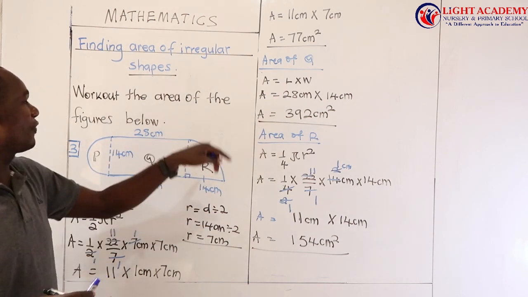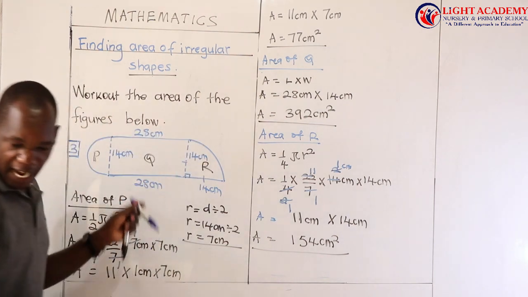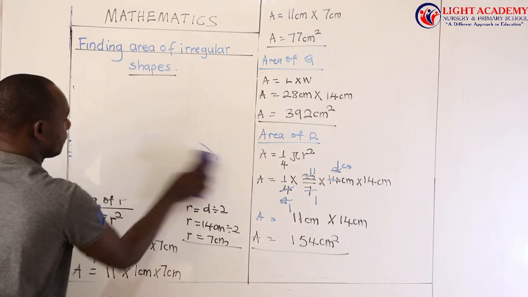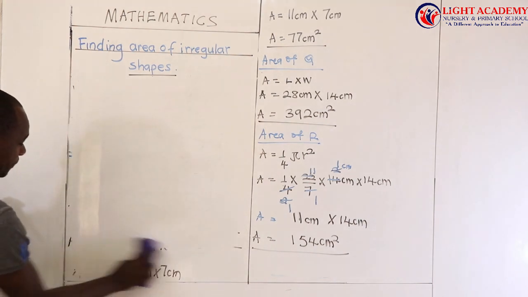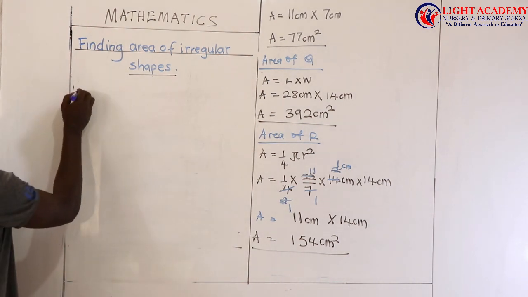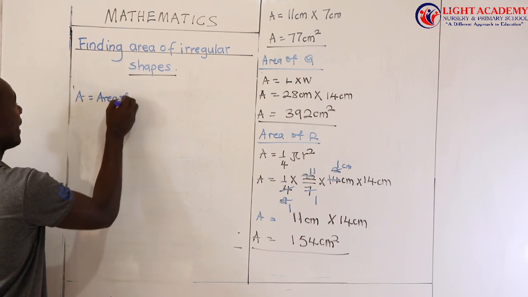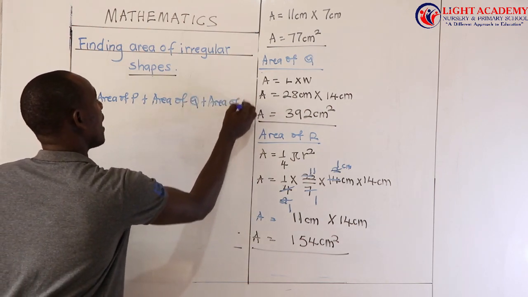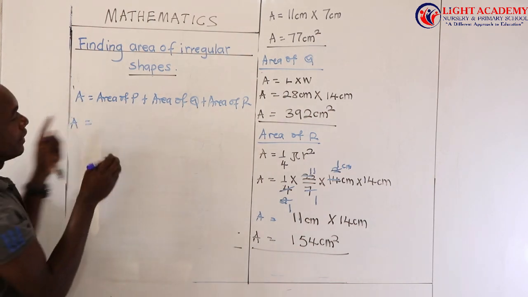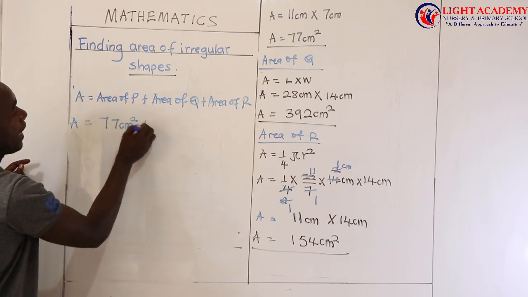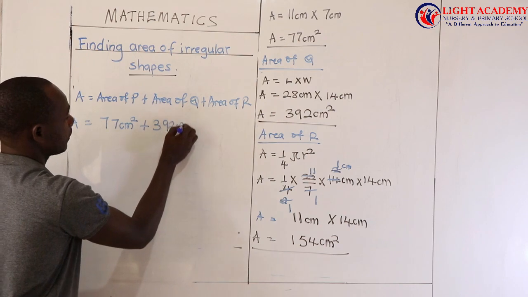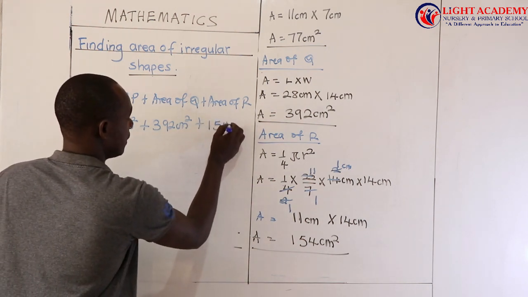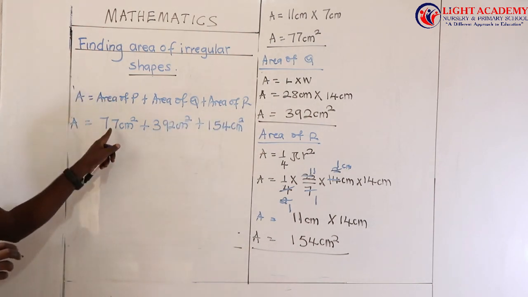Add for P, add for Q, and add for R. To get the area of the whole figure, I will now say the area of the whole figure will be equal to area of P plus area of Q plus area of R. And now area of P is 77 centimeters squared plus area of Q is 392 centimeters squared plus area of R is 154 centimeters squared.